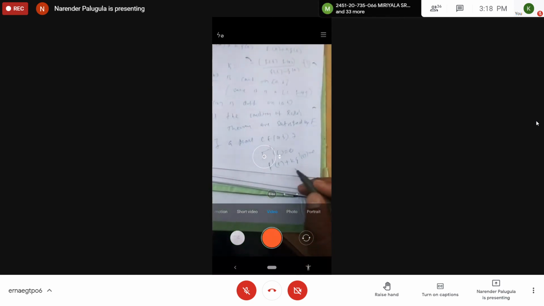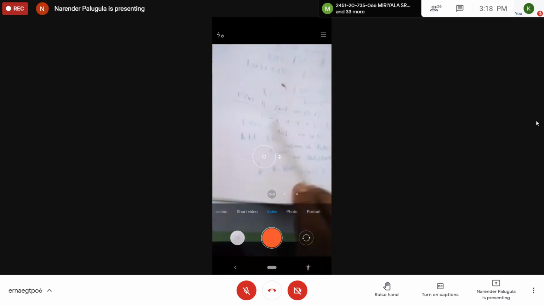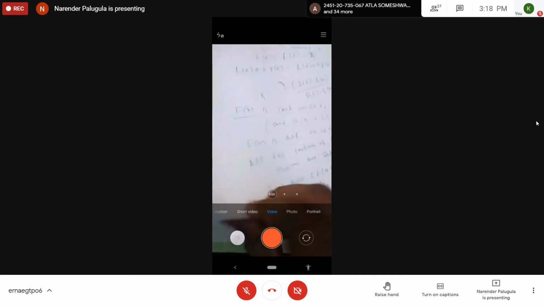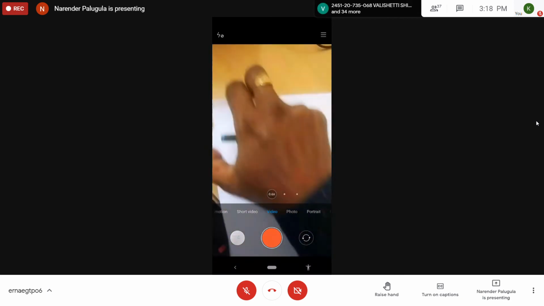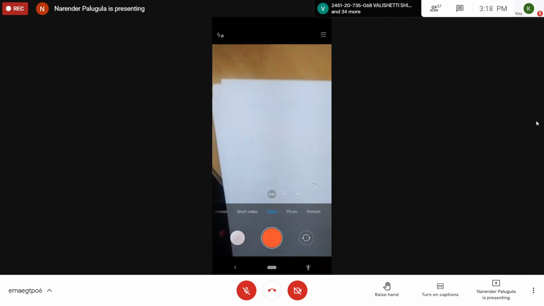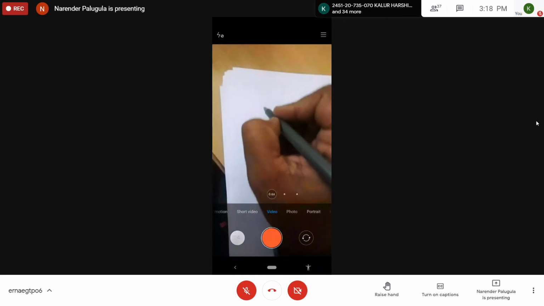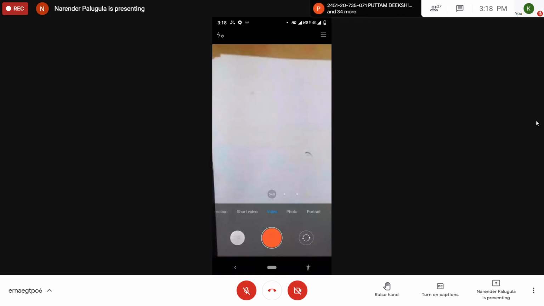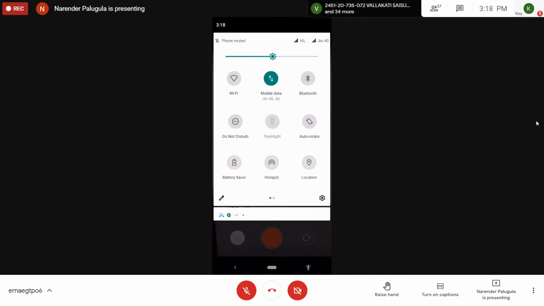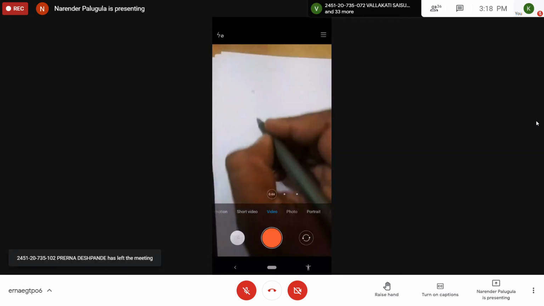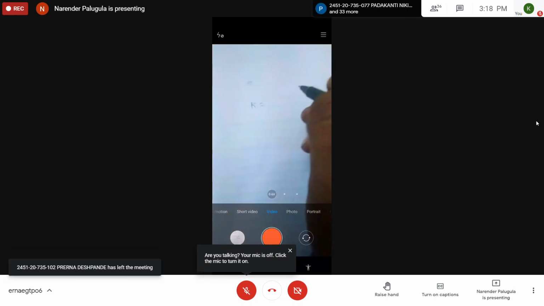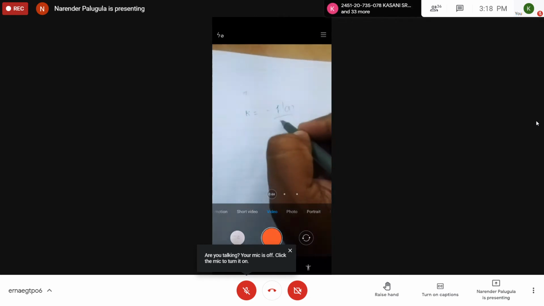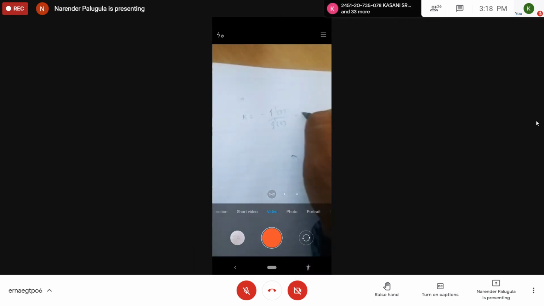Now taking k outside, what do we get? I already shared these notes in the classroom. You can check. Which implies k is equal to minus f dash c by g dash c. Let us take it as equation 4.